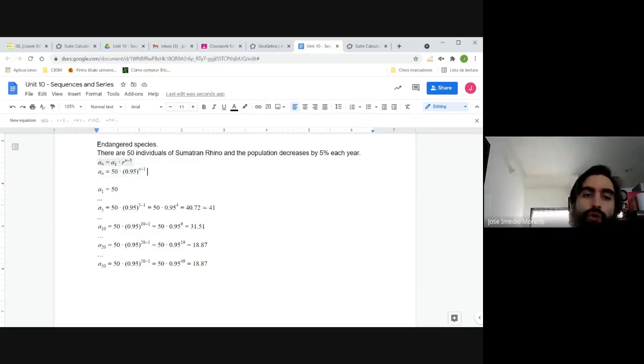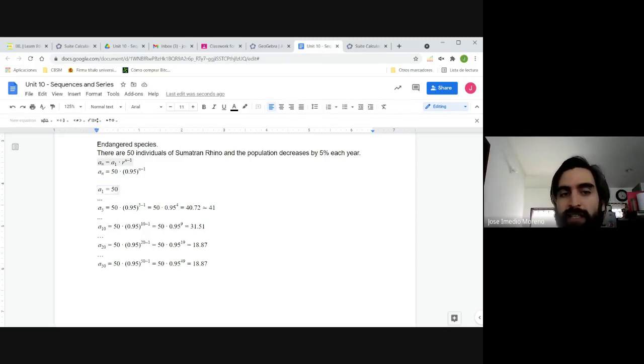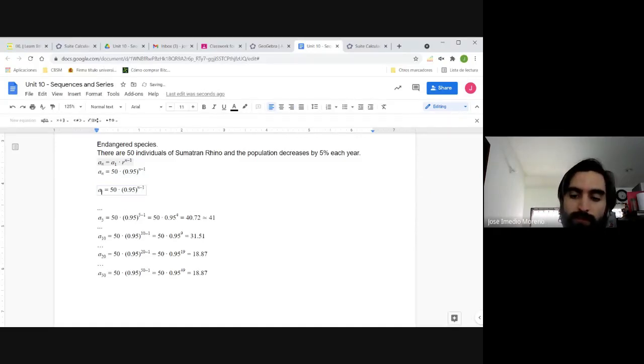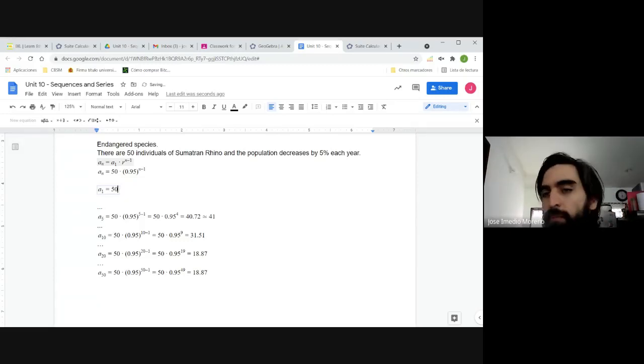Okay, so if I compute this, of course, a sub 1, as we already know, a sub 1 is going to be, this is going to be a 1, so this exponent becomes a 0. If that exponent is a 0, all of this becomes a 1, so it disappears.